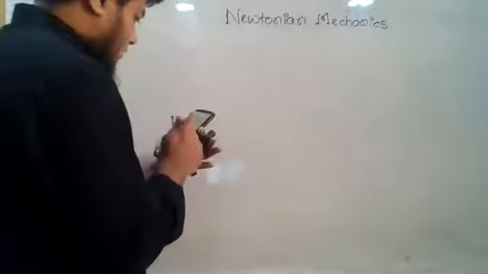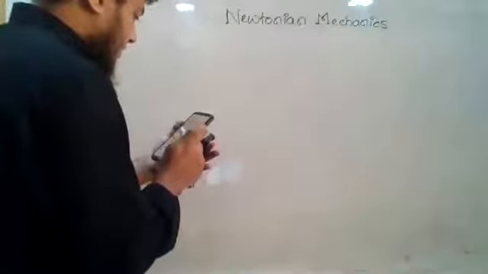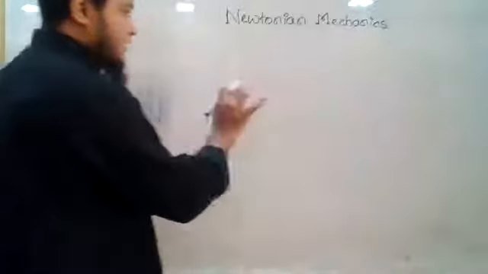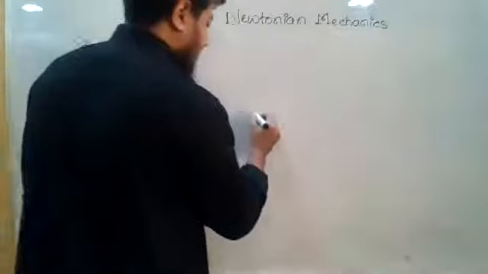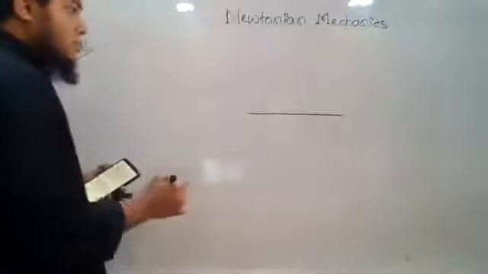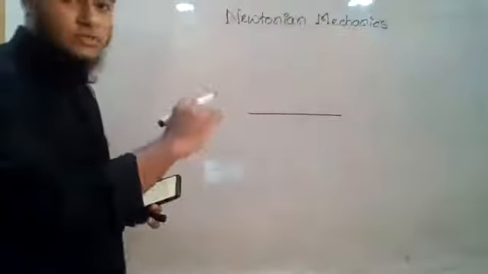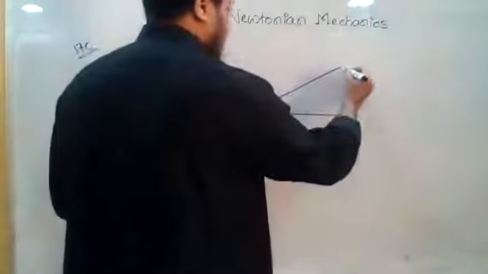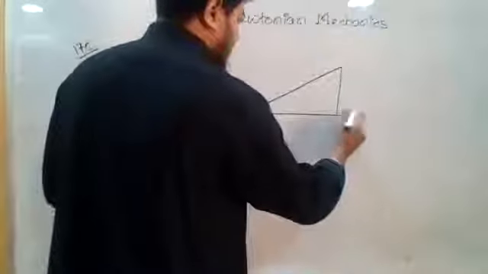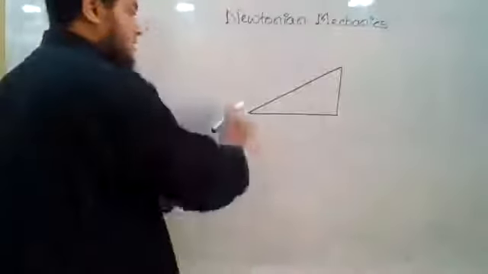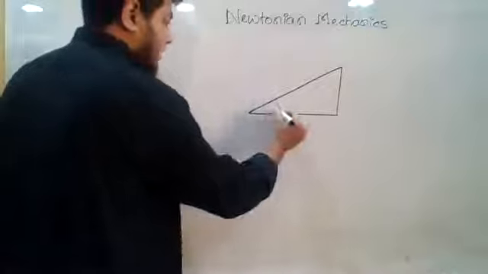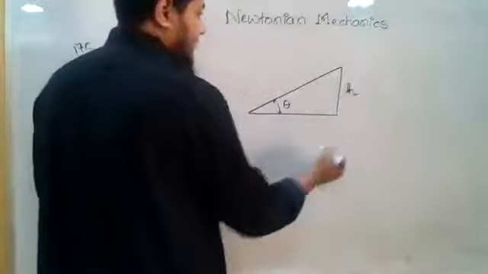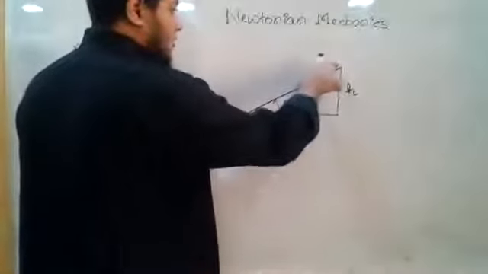Let us observe our situation. This is the road for normal situation, which is horizontal, right? But for turning of the road, if banking has to be provided, then the figure will become like this, right? This is the road now, and this is the angle of banking theta, and this is the height difference between the inner edge and the outer edge of the road.